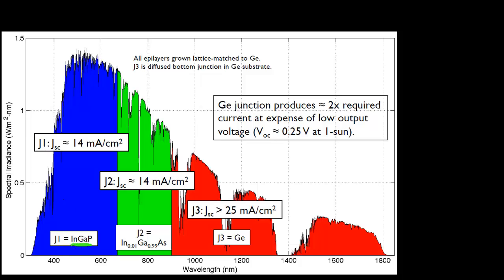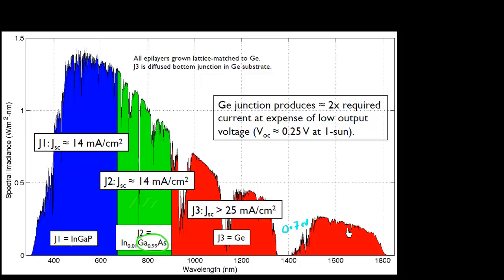It's absorbing my high energy photons, or my blue photons over here. Then I have my gallium arsenide, or in this case gallium arsenide with a very small percentage of indium, and it's absorbing my green light. And then I have my germanium, which has a band gap of 0.7 eV, and it's absorbing the rest of this spectrum.